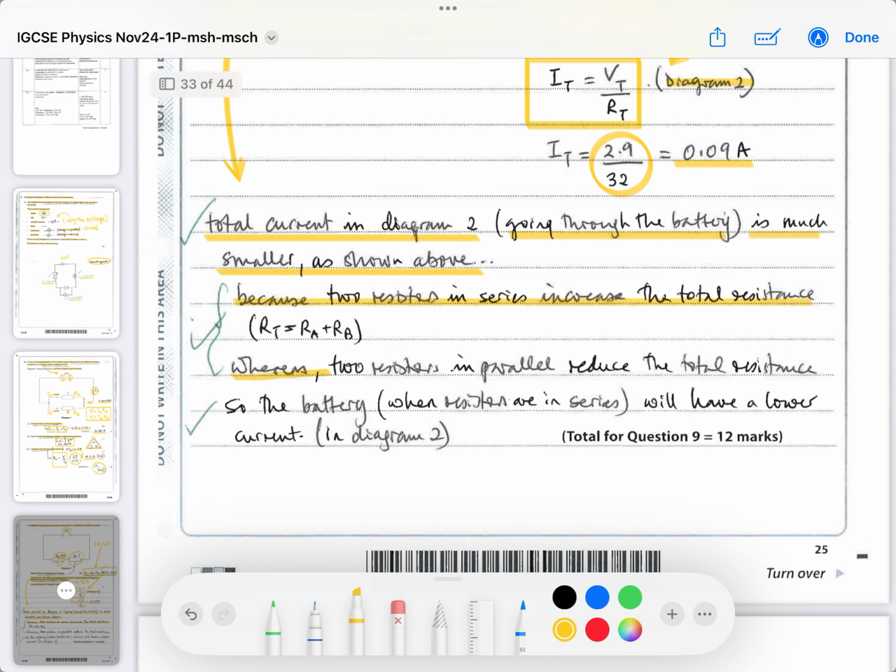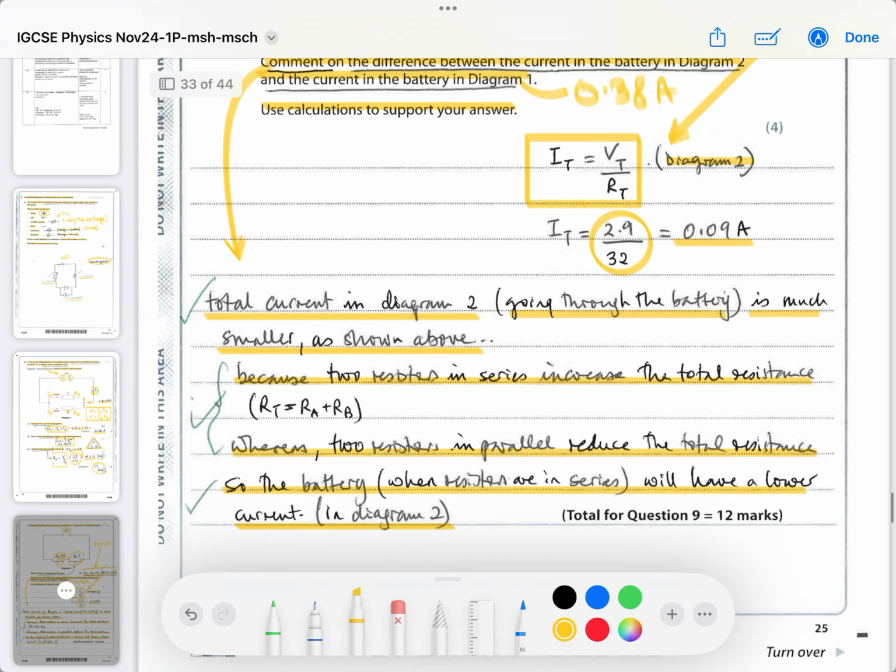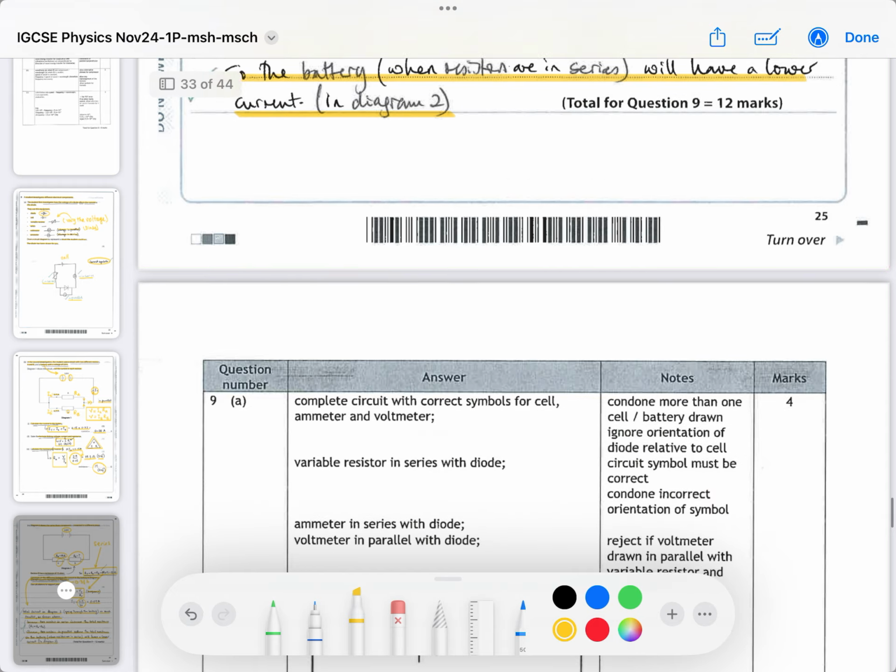Whereas two resistors in parallel reduce the total resistance, okay? So the battery, when the resistors are in series, will have a lower current going through it, okay?